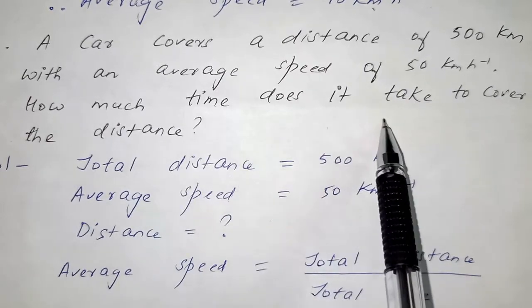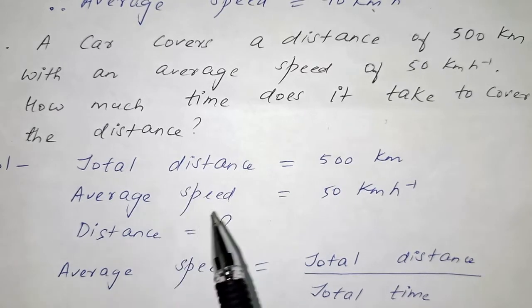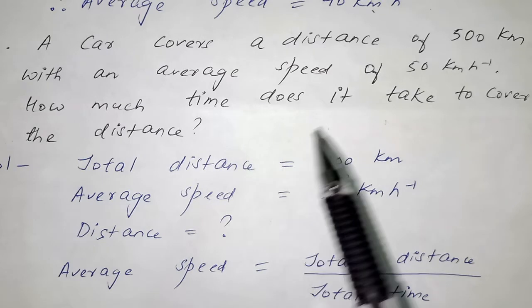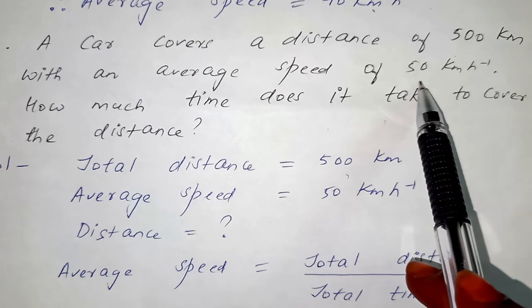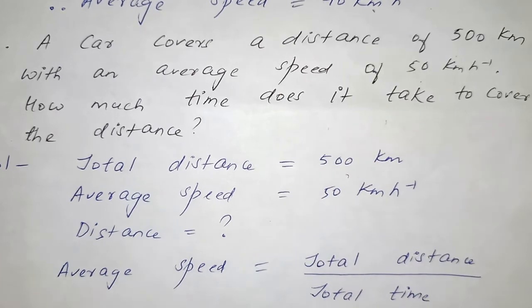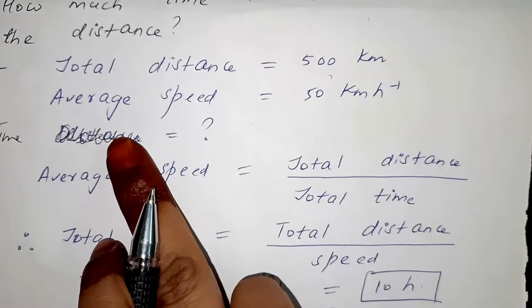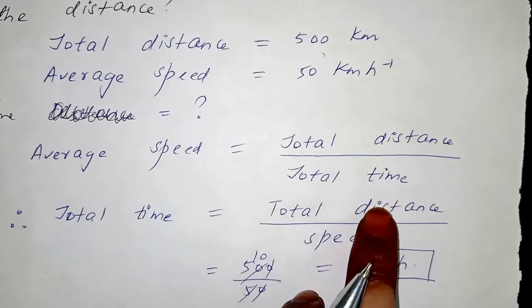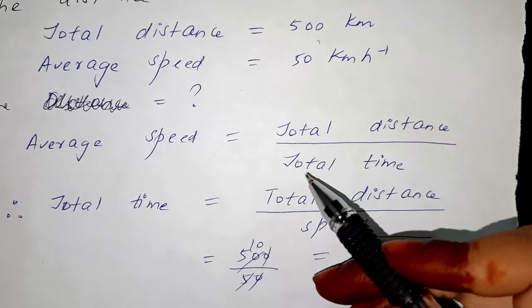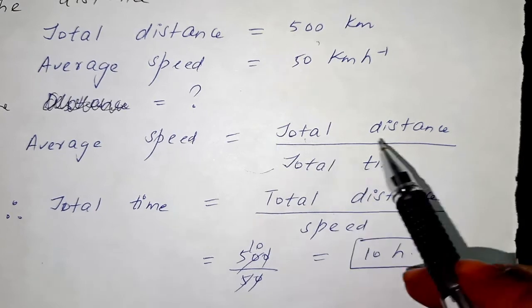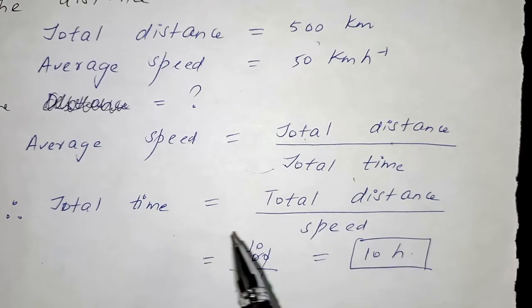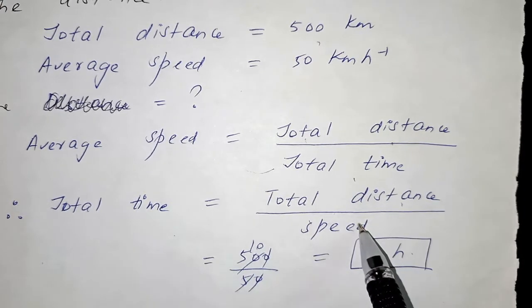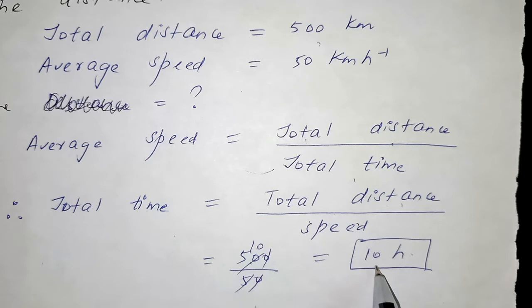How much time does it take to cover the distance? What is given here? First, the distance is 500 km. Okay, the average speed is 50 km per hour. And now we have to find the time. Average speed is equal to total distance by total time, so total time is equal to total distance divided by speed. So the total distance is 500 km and the average speed is 50. So the answer is 10 hours.